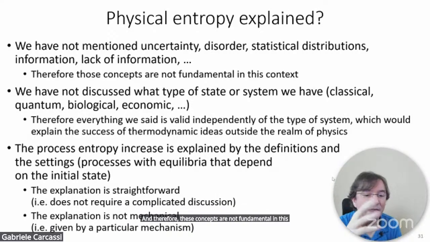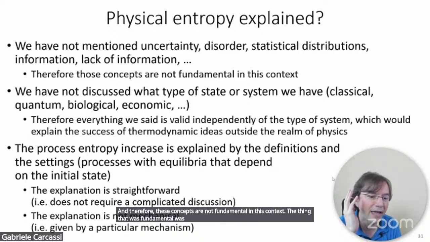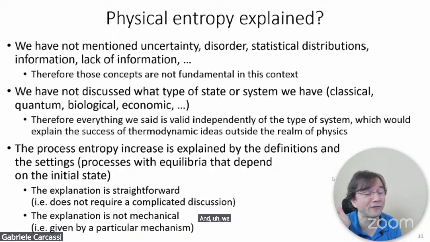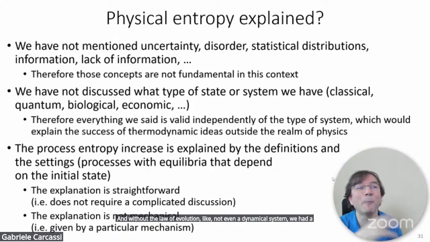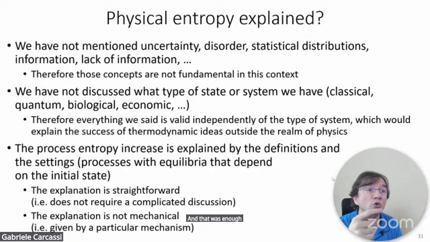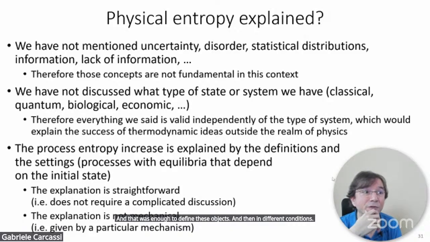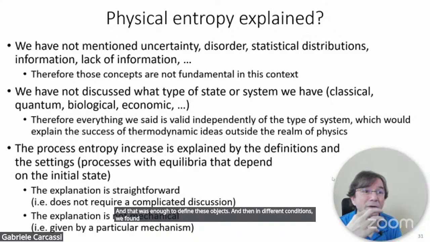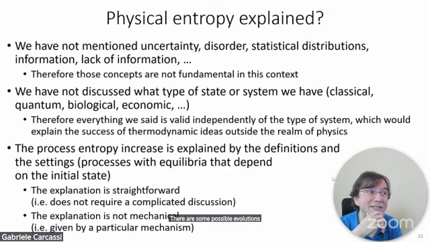Actually, the thing that was fundamental was that we had a system and a set of possible evolutions and the ability to count them, and that was enough to define these objects. And then in different conditions, we found some properties, but at a fundamental level, there are just some possible evolutions of a system, and that's it.